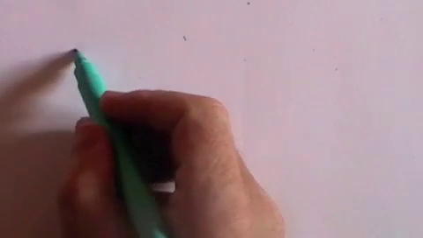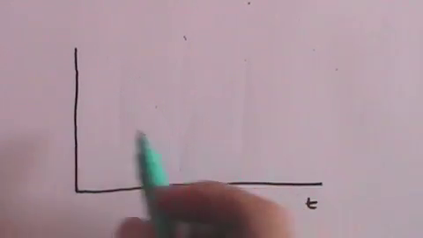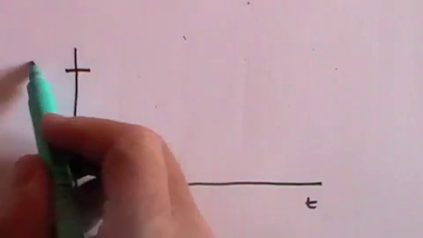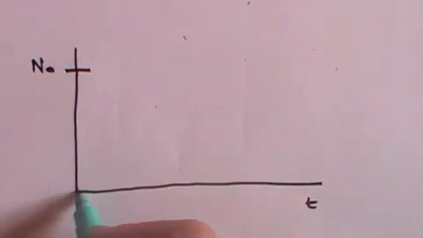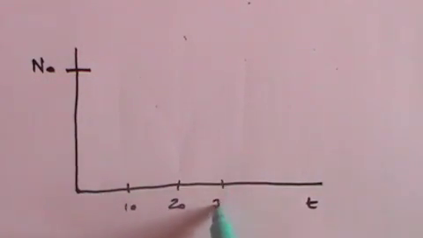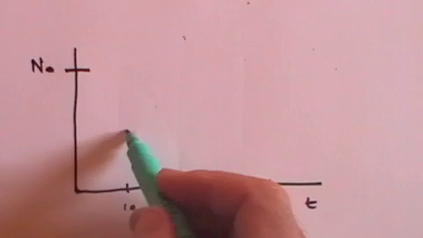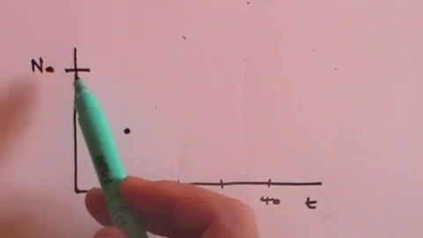So if you plot the number of nuclei undecayed against time, and you start with, let's say, N0 at time t equals 0, and let's say these are 10-second intervals, and let's say the half-life is 10 seconds, what that means is that after 10 seconds you'll have half of what you had before. So you'll have half of N0.